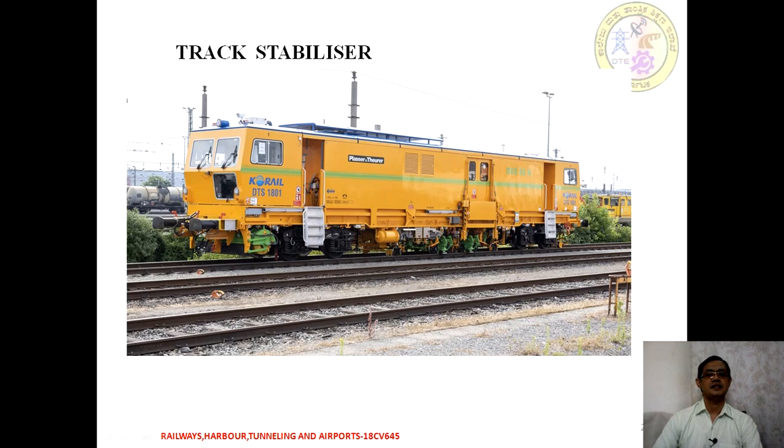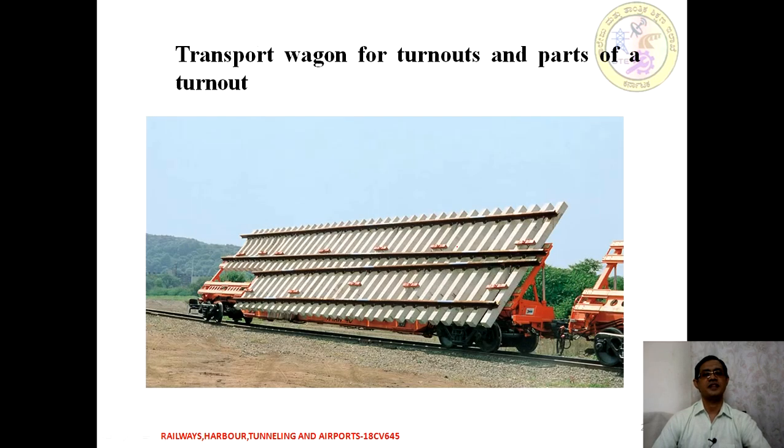Another image we are showing here is called a track stabilizer. It stabilizes the track by using vibrations. You can see that vibrators are attached, so it maintains the track assembly in proper leveling. Next is a transport wagon.